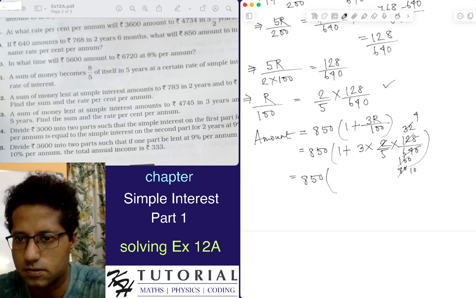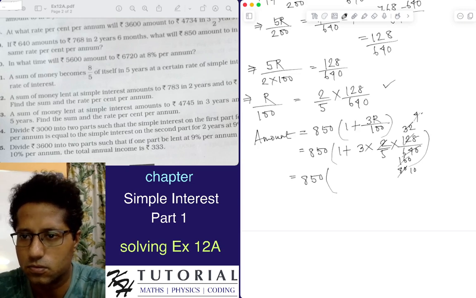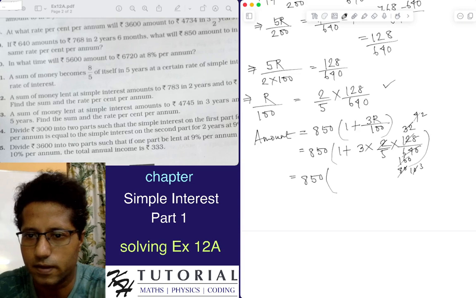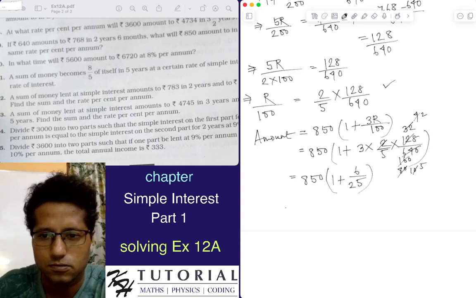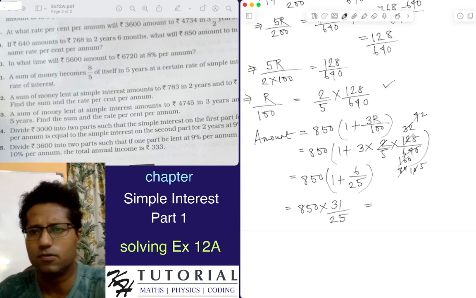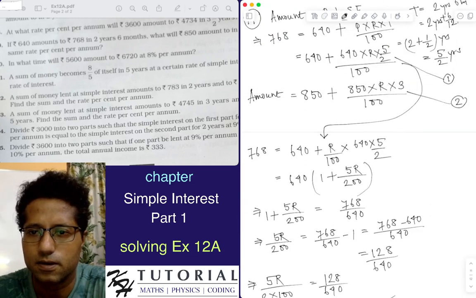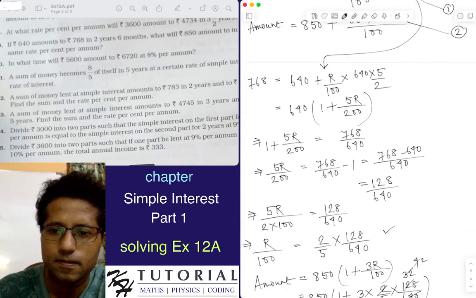So we have these finally. Okay, so 2, 2, 2, 5. So this is 1 plus 6 by 25. So this is 850 now multiplied by 31 by 25. I'm not sure, maybe I'm doing some calculation mistake, but this is the basic idea.